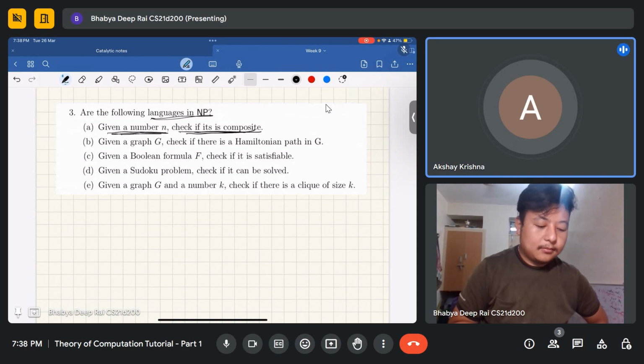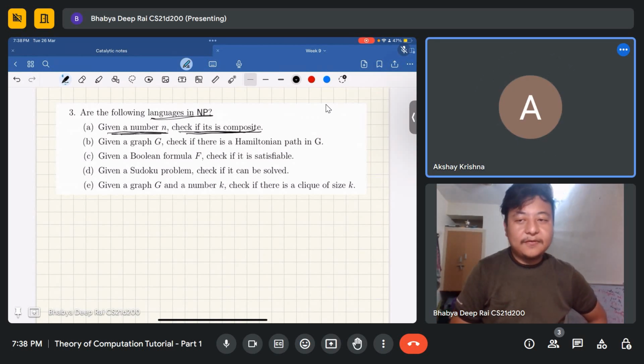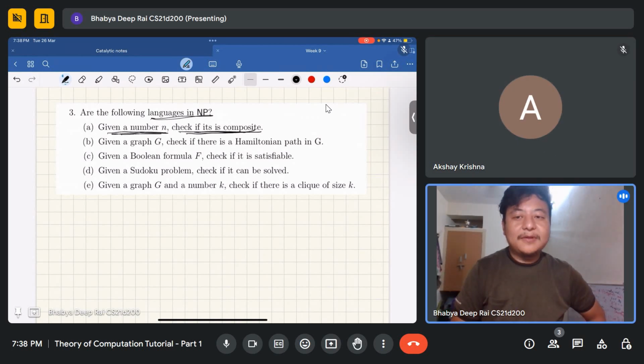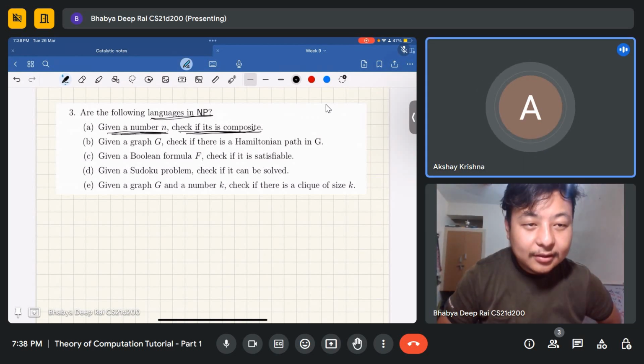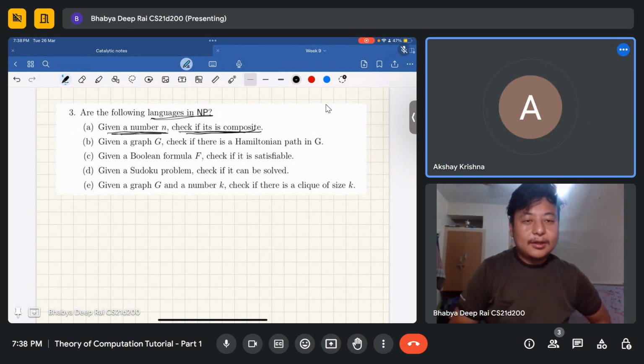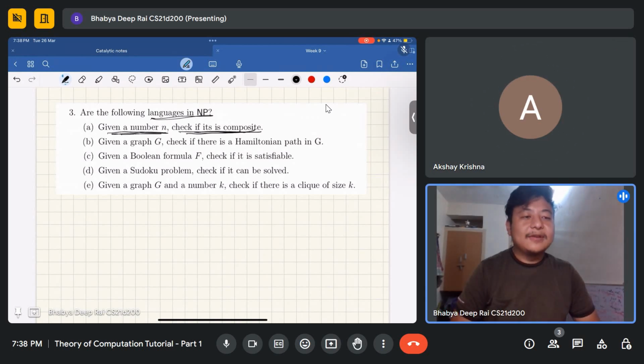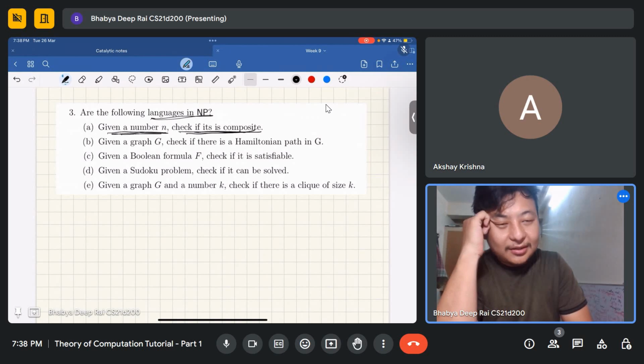It can be a multiple of 2. But what if the number given is 25? Then still it will be a multiple of 5, so it's not a prime. So given a number, how do I check if it's composite?